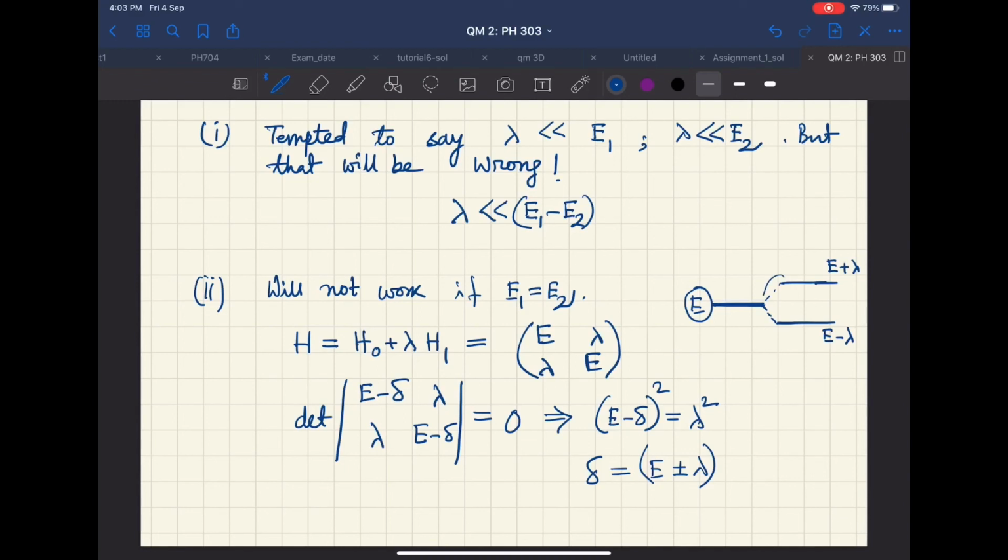Here you are turning on a perturbation by switching on some off diagonal elements, and immediately what you see is that the degeneracy got lifted.